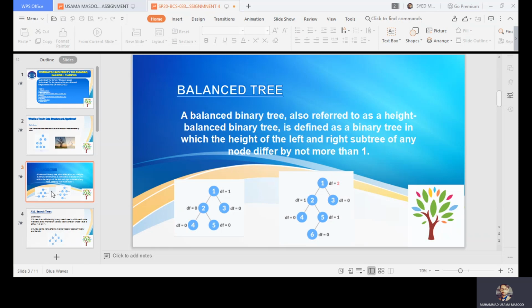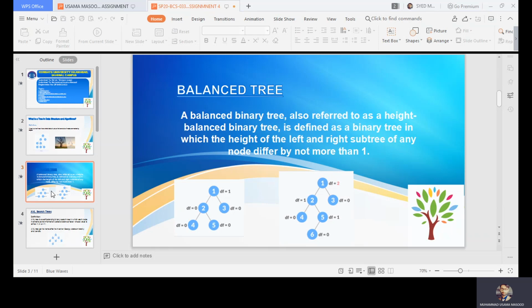It means its height is balanced, defined as the height of the left and right subtree of any node differing by not more than one. As we look at the pictures in the slide, the height difference is not more than one.